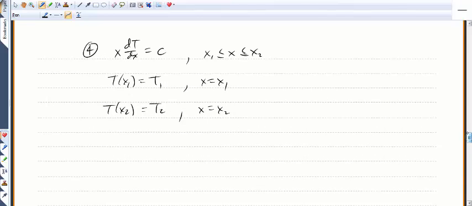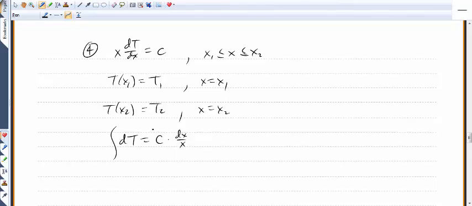So this is a nonlinear differential equation because you have an x times a dT dx. However, what we can do is solve this by separation of variables. So we'll keep the dT on the left-hand side and move the x and the dx over to the right-hand side. So dT is equal to the unknown constant c times dx over x.